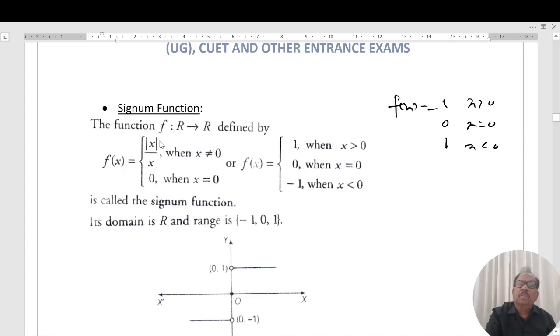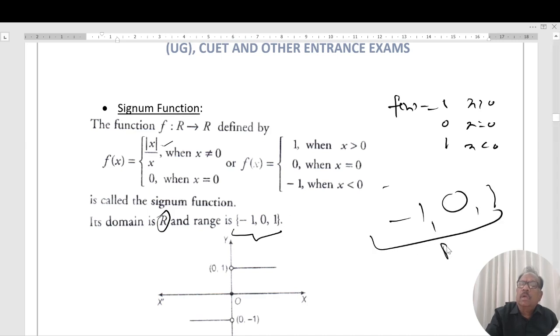Mod x by x will be equal to 1 if x greater than 0, if equal to 0 answer is 0, if less than 0 answer is minus 1. So, domain of signum function is R. And range, only 3 possible answers are there: minus 1, 0 and 1. This is the range of the signum function.